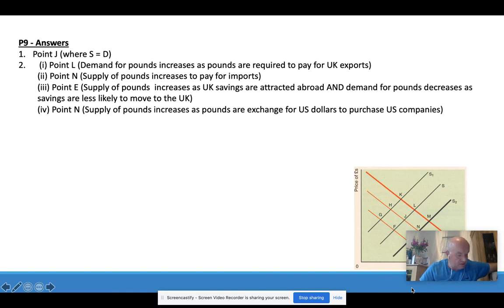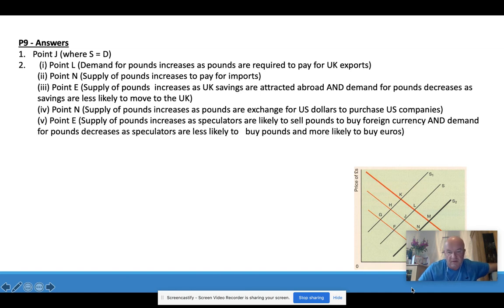Okay, if we take a look at the next one, a belief that the value of the euro will rise in the near future, point 5, that is going to cause the equilibrium point to move to point E. The reason for that is that we've got a supply of pounds increasing as speculators are likely to sell their pounds to buy foreign currency, and also we're going to get a demand for pounds decreasing because speculators are less likely to buy pounds and more likely to buy euros if they believe that the value of the euro is going to go up significantly.